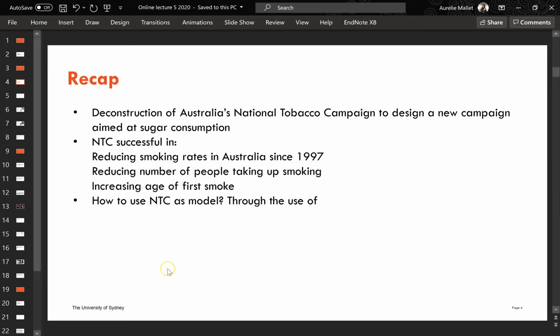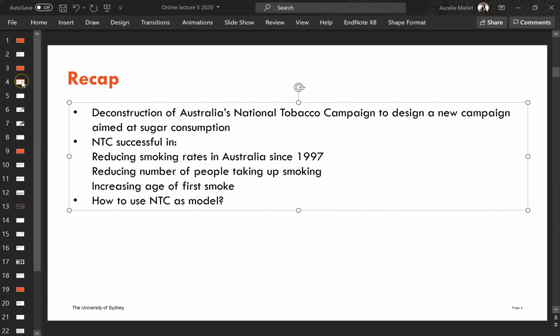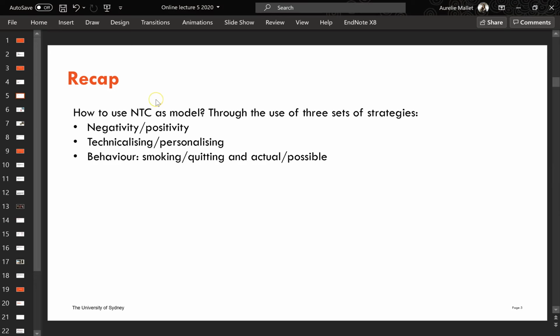So then, how do we deconstruct the NTC, because it's a huge campaign, there are so many different components to it. So how do we deconstruct this campaign to use as a model for a different campaign? And so we do this by using three sets of strategies that I have been working with.